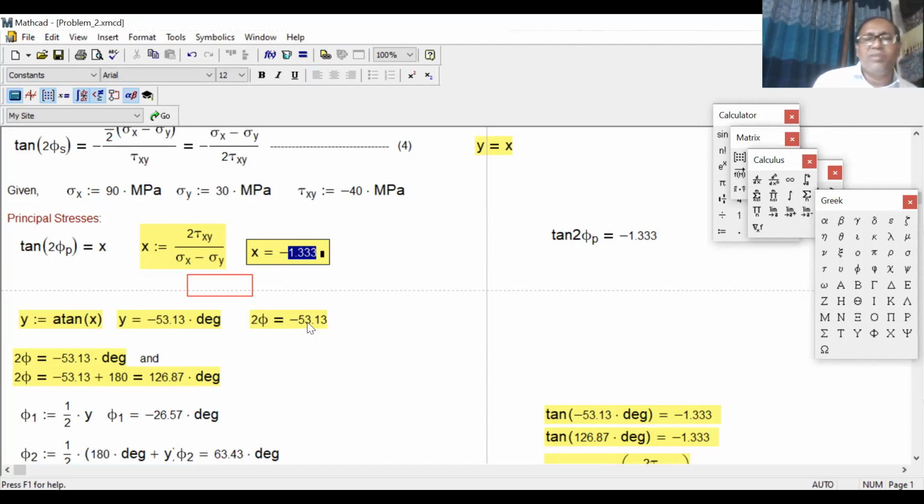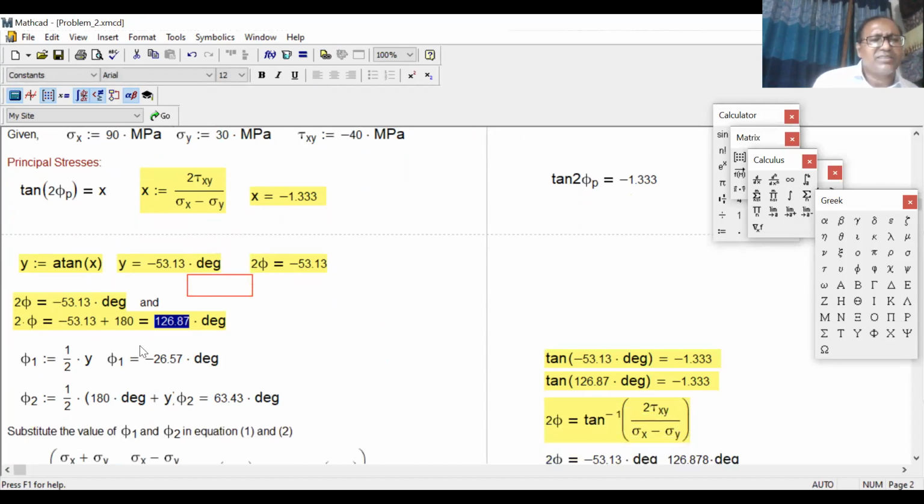And if you add 180 to it, it will give the same result, so I'll get two angles. 2 phi equal to minus 53.13, and 2 phi equal to minus 53.13 plus 180 equal to 126.87. From here, I just figure out phi 1, half of this one, and phi 2, half of this. This is phi 1, and this one is phi 2.